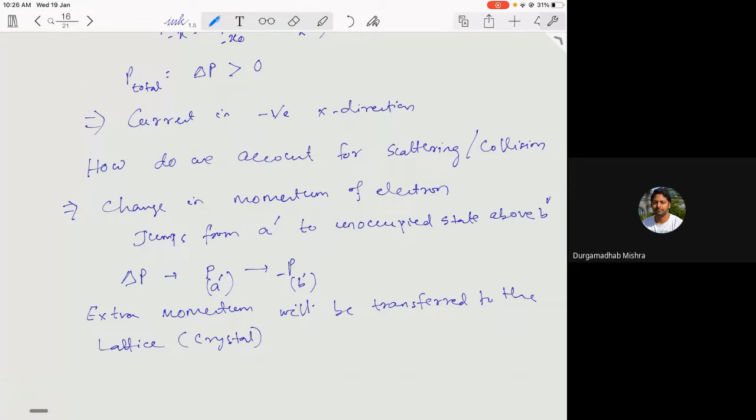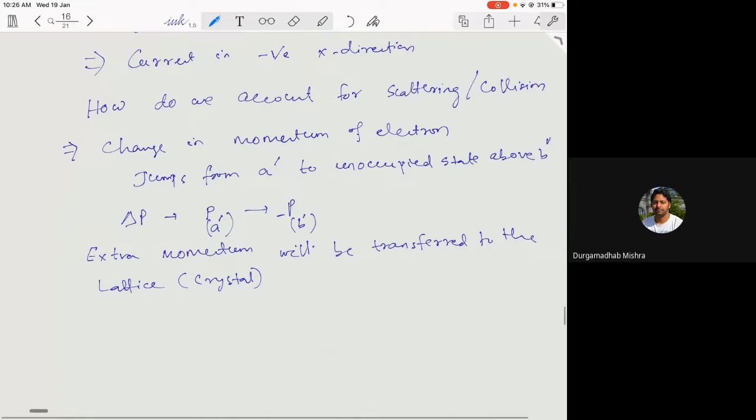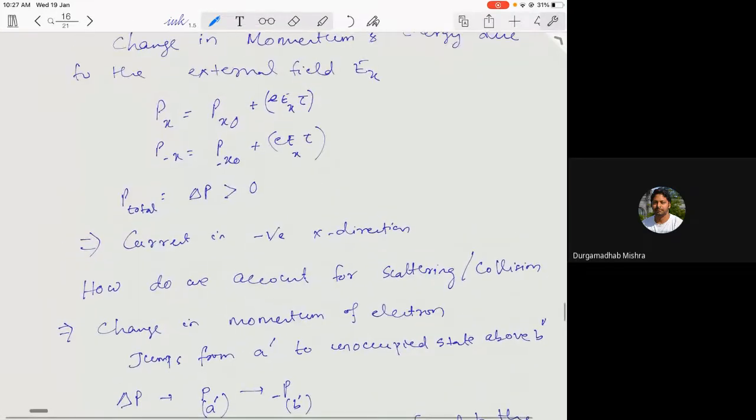Remember, why can the crystal do that? Because crystals are really heavy and have really large momentum, since the lattice consists of heavy ions. Their momentum is quite high because their mass is high. Therefore they can absorb this change in momentum, or they can sometimes also give momentum to electrons.